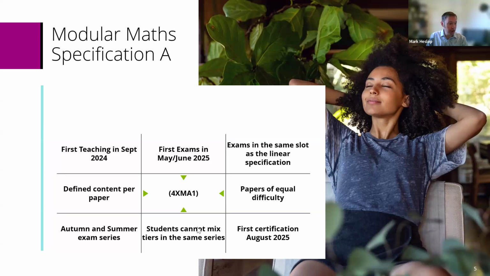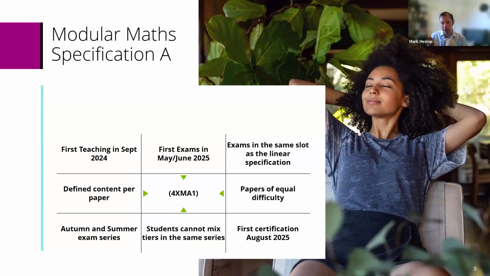And students cannot mix tiers in the same series. So if you think about it, Unit 1 Foundation and Unit 1 Higher Tier are in the same exam slot. Now, those of you who are used to our linear exams will know that there are crossover questions. The back 40% of the marks in the paper 1 linear is the same as the front 40% of the marks in the higher tier.